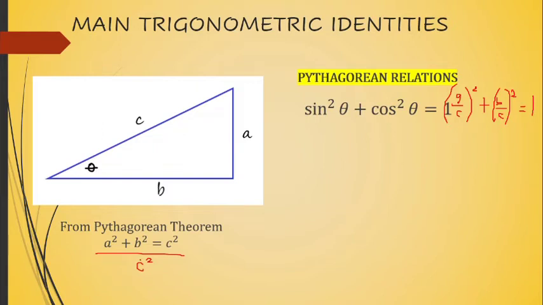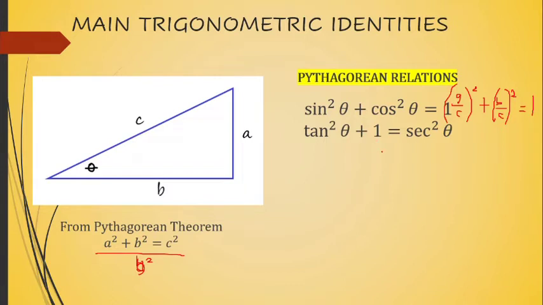Now, how did it become like this? Let's explain. We divide both sides of the equation by b squared. So a over b is tangent, and b over b, all raised to the second power, is equal to 1.